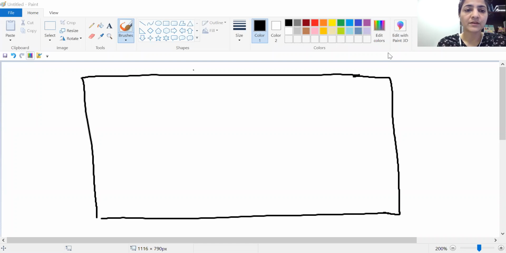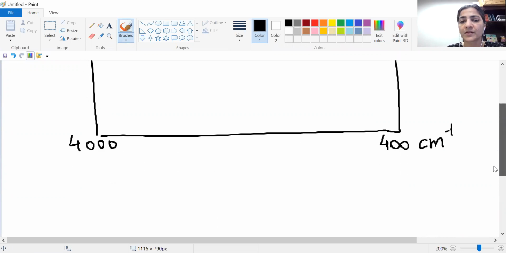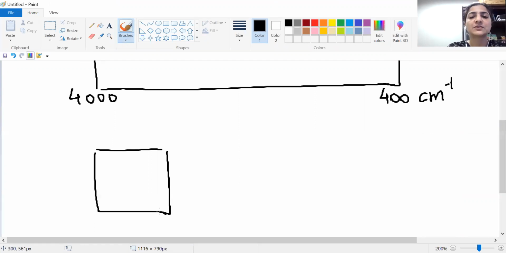To begin with, your IR spectra ranges between 400 and 4,000 centimeter inverse. This is known as wave number. A wave number can also be represented by a 1 centimeter square box.